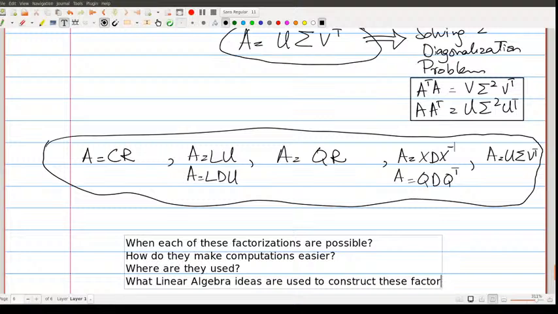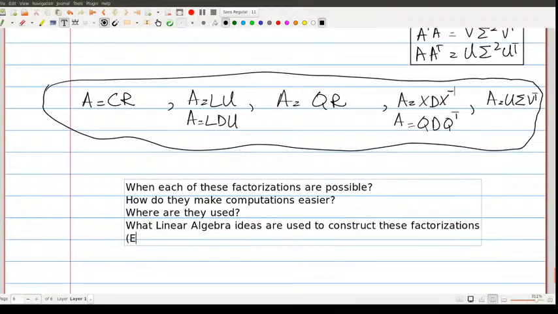So when I say linear algebra ideas, I mean ideas such as eigenvalues, linear independence, orthogonal vectors. These are ideas related to vectors, but you constantly employ them to find these different factorizations, right? So yes, that's the end of the course. These are the factorizations that we've done, and each of these is really helpful.